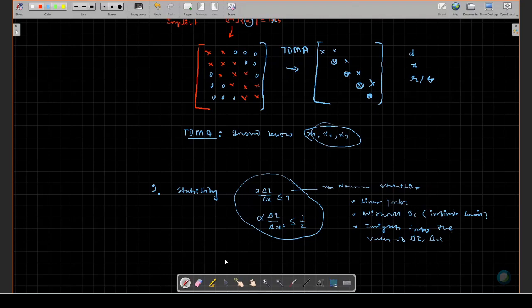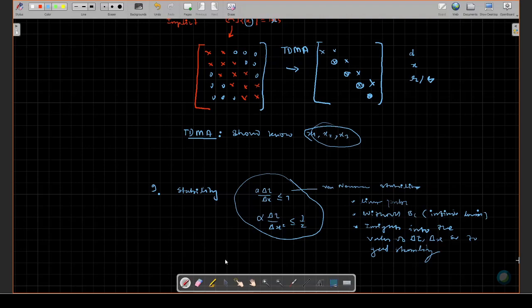So to get stability, if you ensure that your schemes are stable, then you are likely to get convergence.